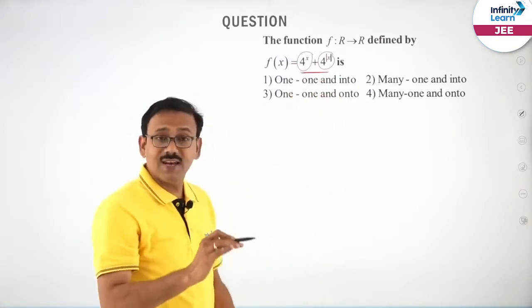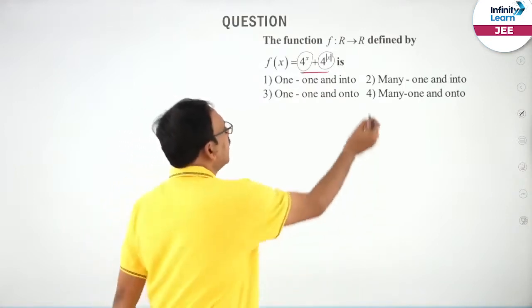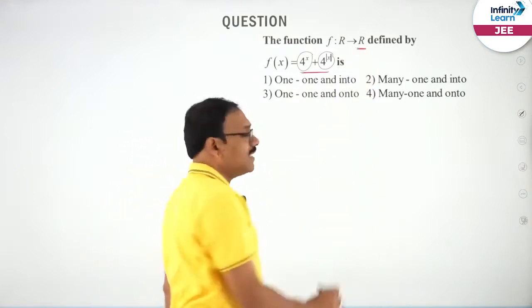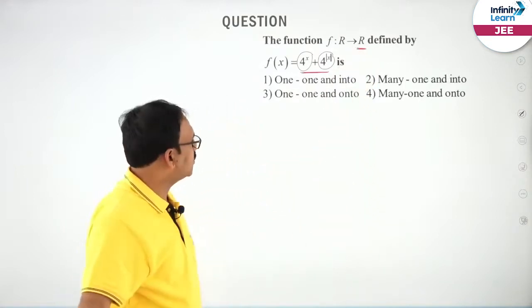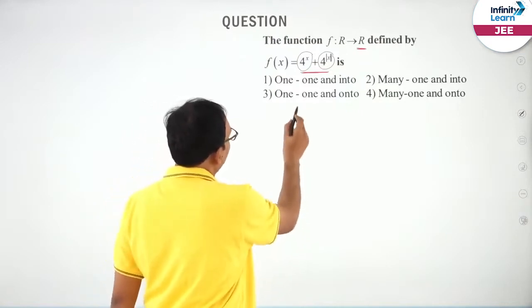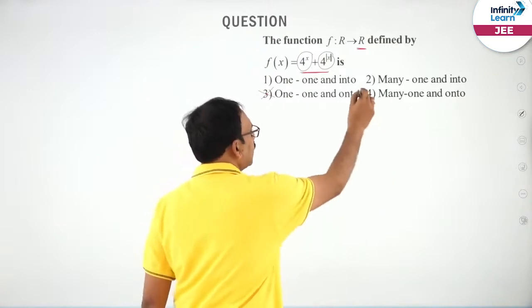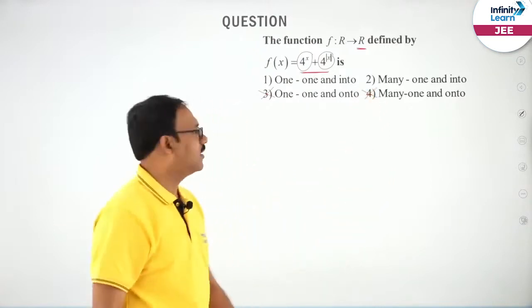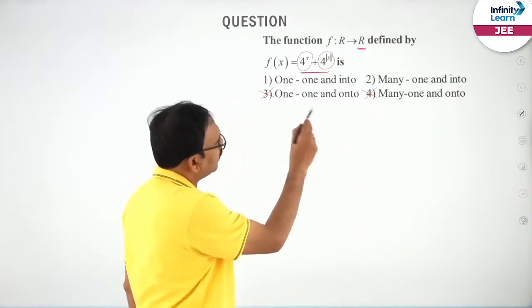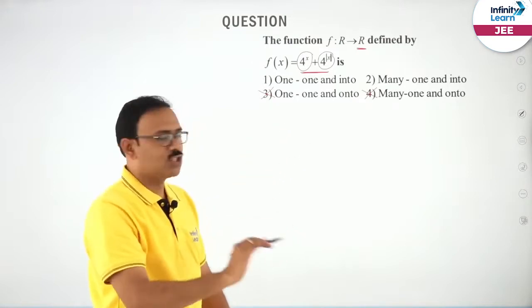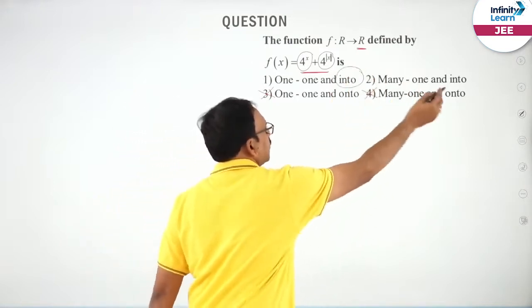So, range can never have negative numbers, whereas codomain is R, it is not at all an onto function. So, 1-1 and onto, this option is invalid, many-1 onto, this option is invalid. So, it can be 1-1 and into, many-1 and into, sure that it is into, undoubtedly.